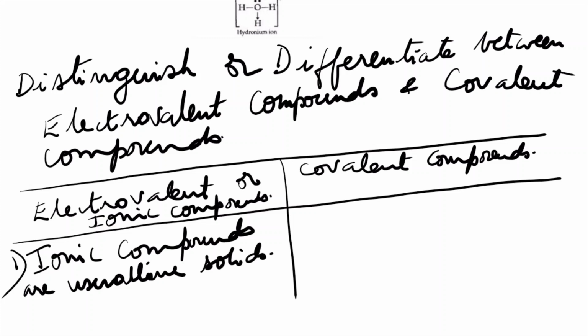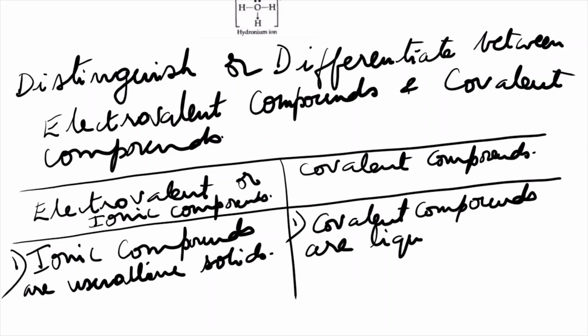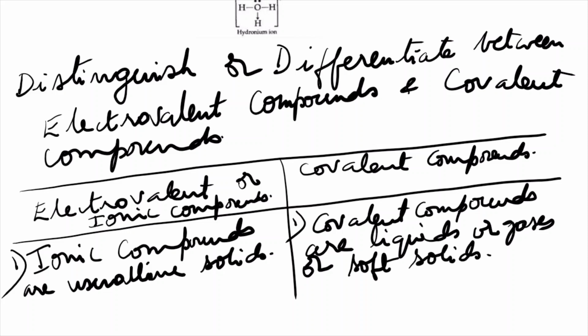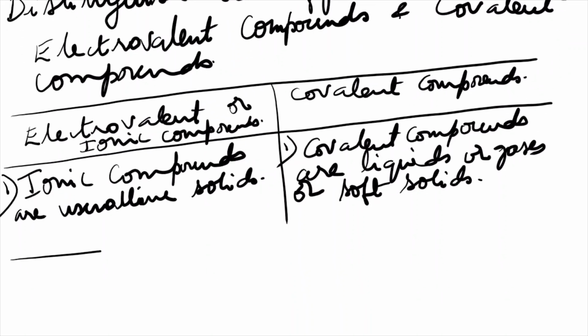They exist in solid state, whereas covalent compounds are liquids or gases or soft solids. Okay, that is the difference in their state.